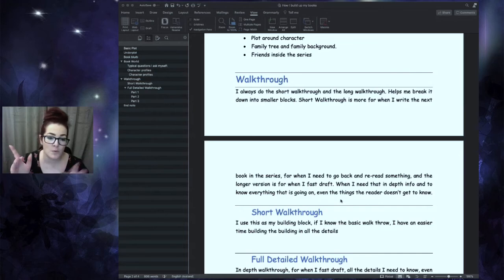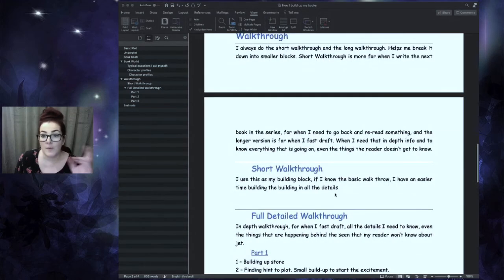You can just read through your short walkthroughs, and you'll be ten times faster than sifting through the whole book you wrote maybe two years ago. That makes it much easier to find information from my previous books when I'm writing another book in the series.